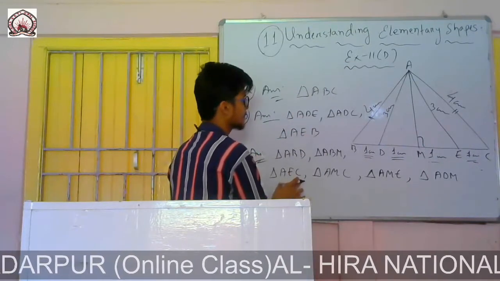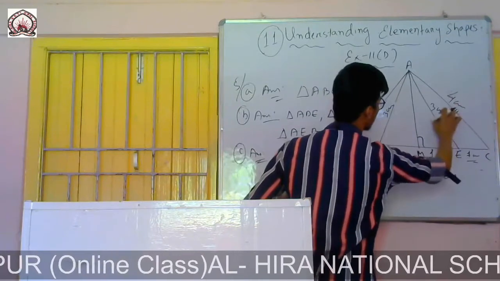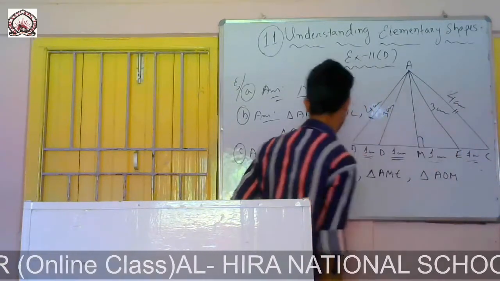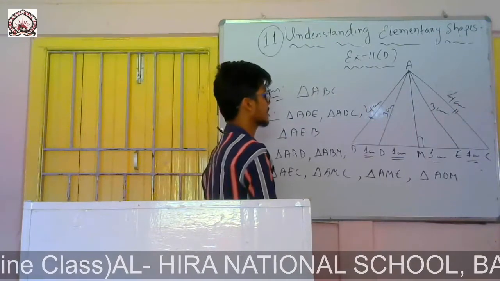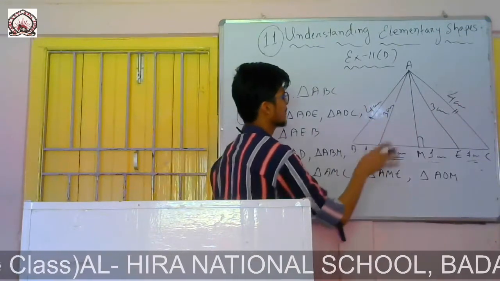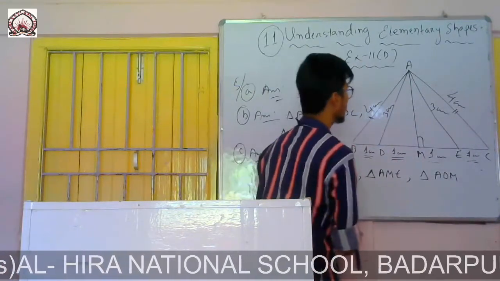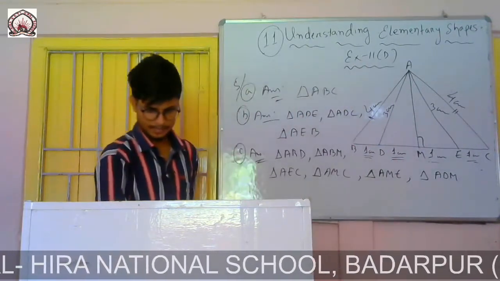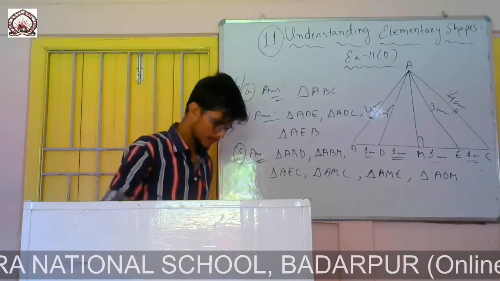Then AEC: this triangle has 3 centimeter, 1 centimeter, 4 centimeter. Then AMC also has one side 2 centimeter, another side less than that, and this is 4 centimeter. Then again AME and triangle ADM. So now question number D.